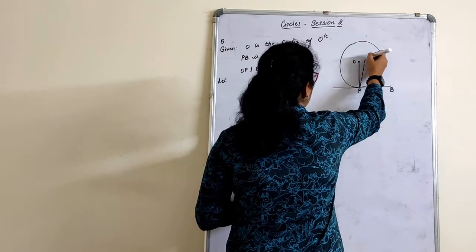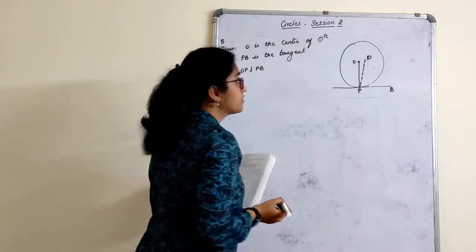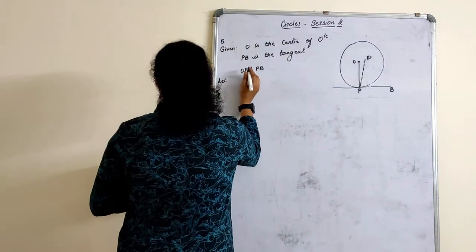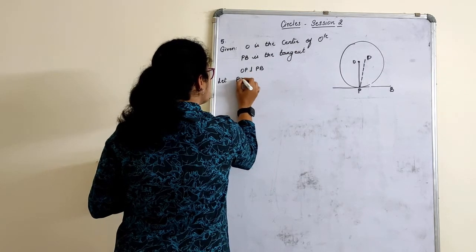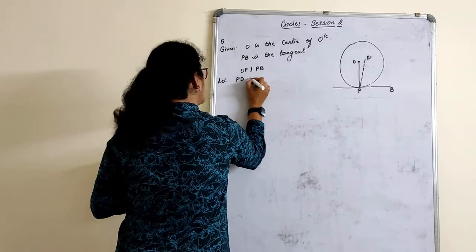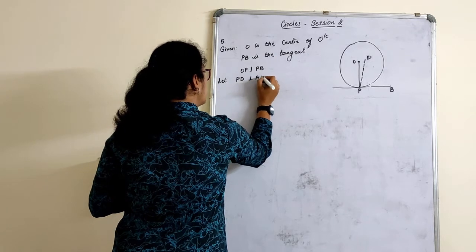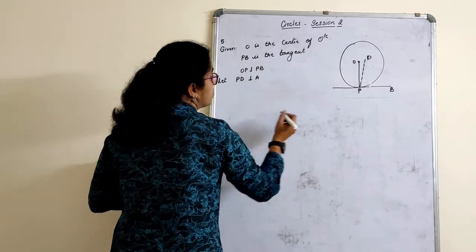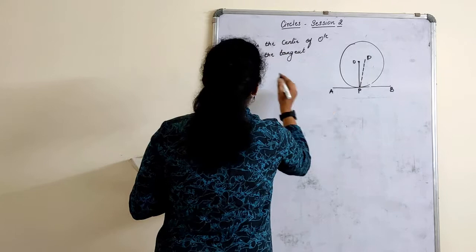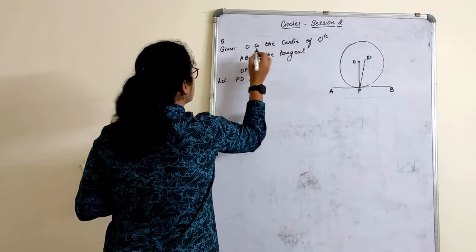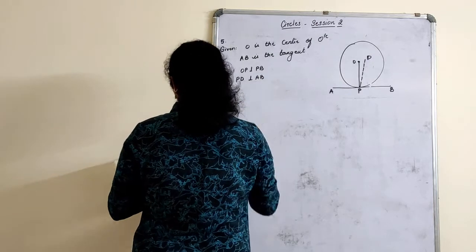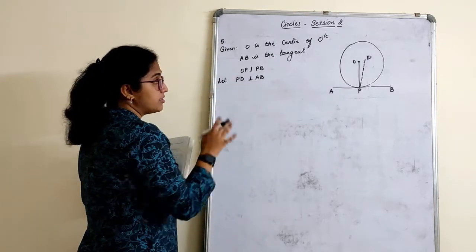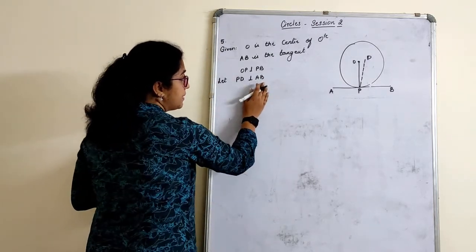I'll consider that point as D. Let PD be perpendicular to AB, consider AB as the tangent. Okay, let us just imagine this. This is a perpendicular to AB.